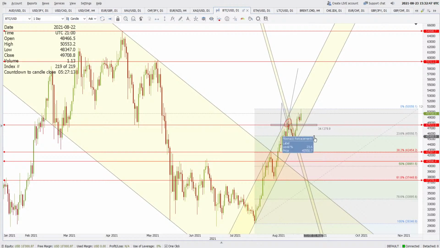When the retracement starts, it has to look for levels, like 45,550, 23.6, and 38.2 coincides with an established horizontal support. So if you are asking for a good correction, then it has to go back to 42,454 levels at least. This is what I think. This will be a healthy correction for Bitcoin to go back to 59,311 and 64,898 levels.